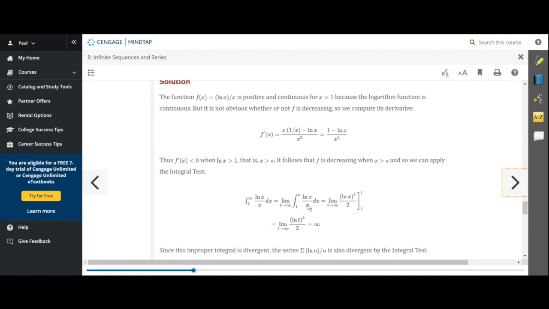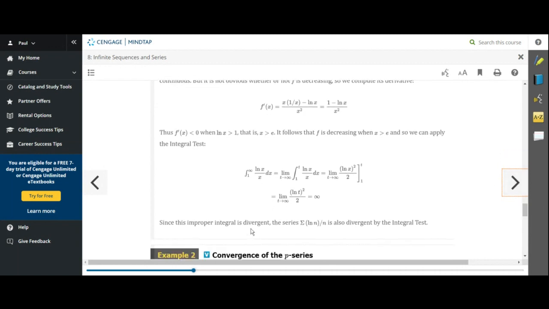They just say that's the antiderivative: log of x squared over 2, using substitution, and they left some work out. And it equals infinity. So the fact that the improper integral diverges means that our series is also divergent by the integral test.